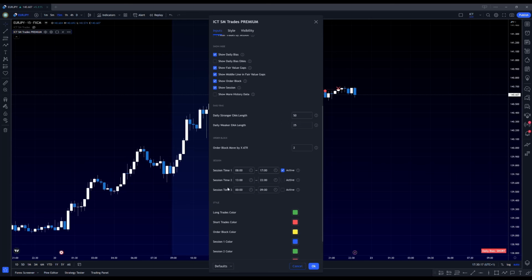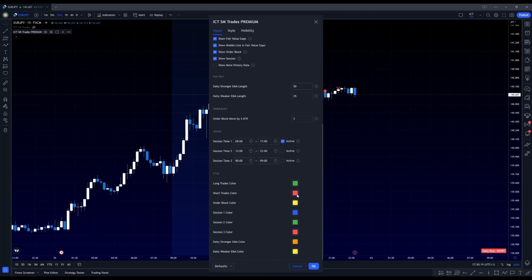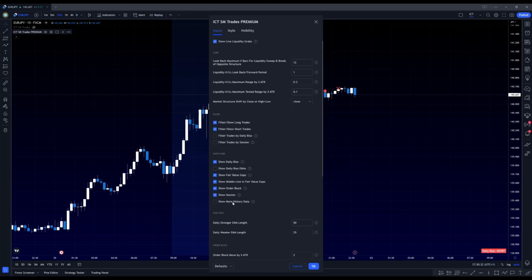Okay, so you have 3 sessions, and you can set many more colors for these 3 sessions, for the daily stronger EMA color and daily weaker EMA color, order block color, and the last new setting is show more history data. This was created because of indicator loading time issues.